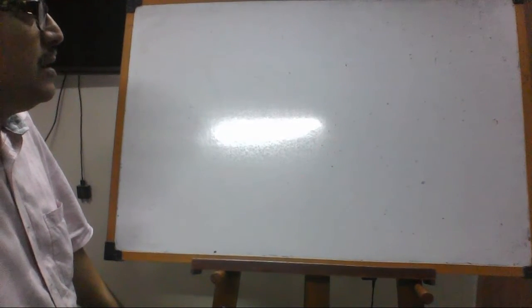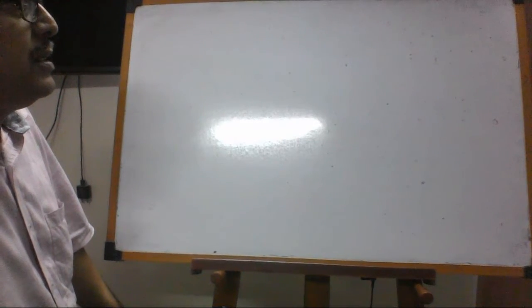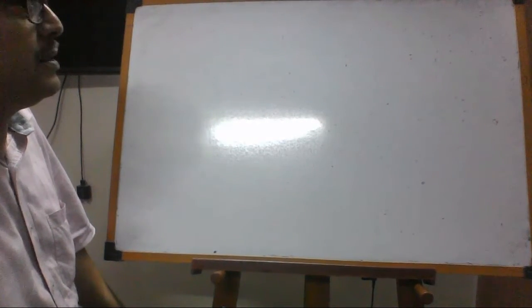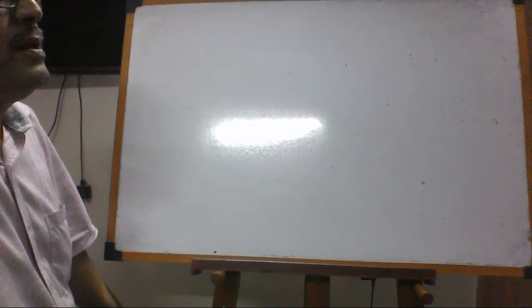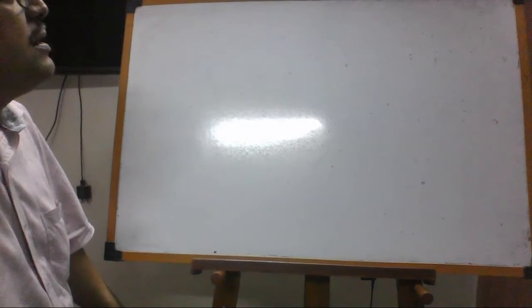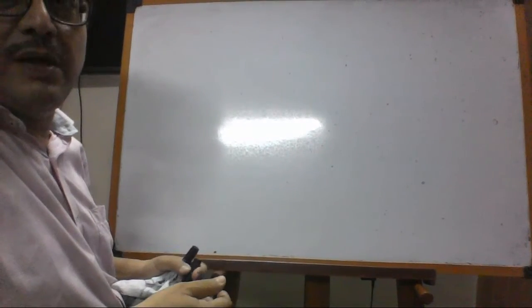And before starting this topic, I will assume that you have revised electric field, as the concept of electric field is required, and the modified definition of electric field in terms of electric lines of forces. That is just what I have told. I repeat again.